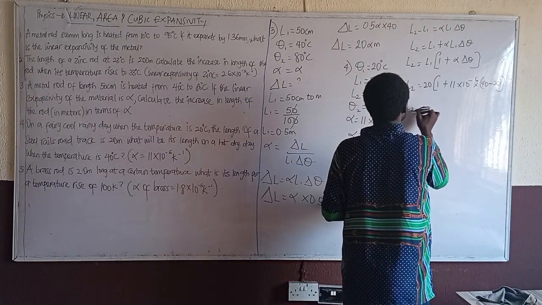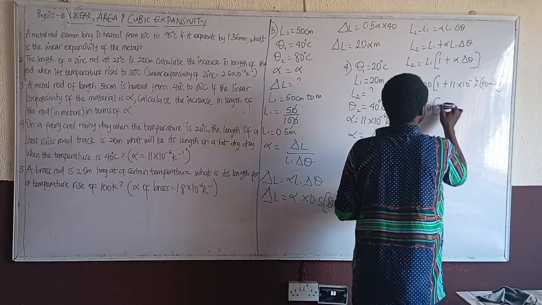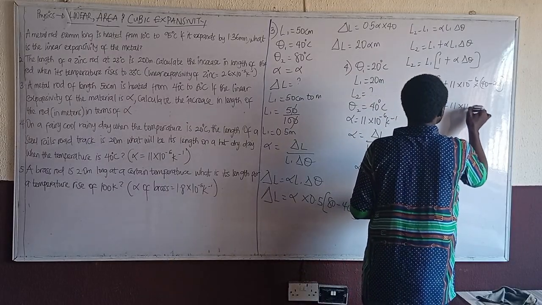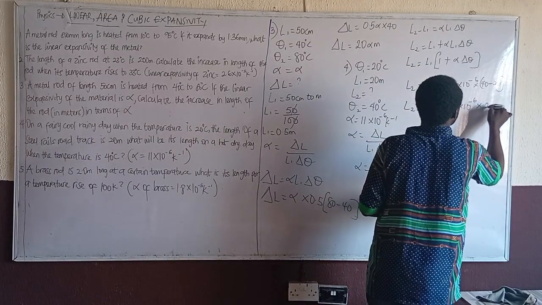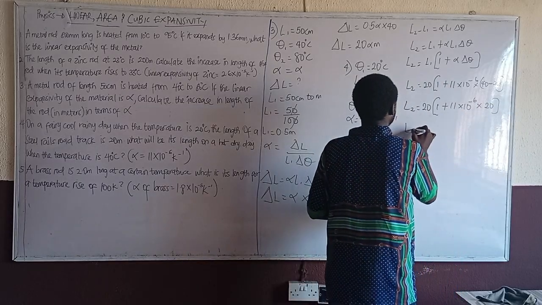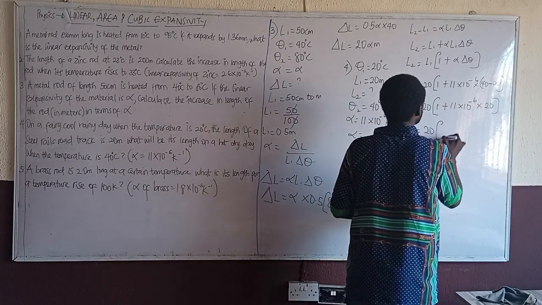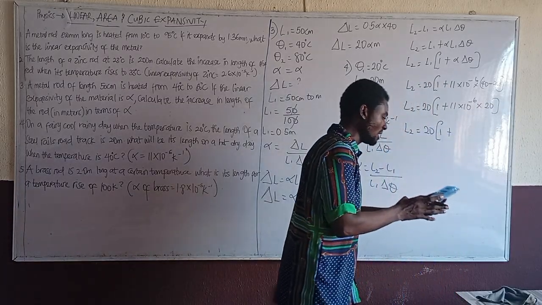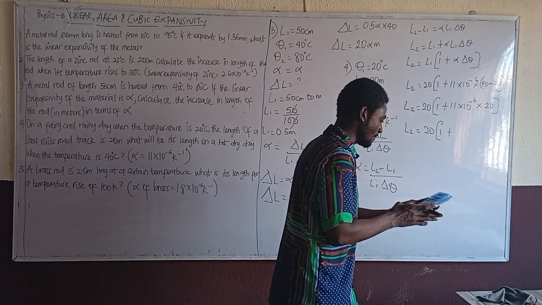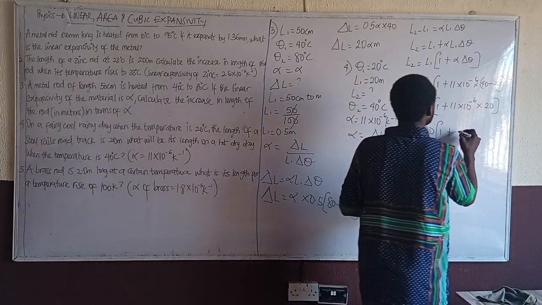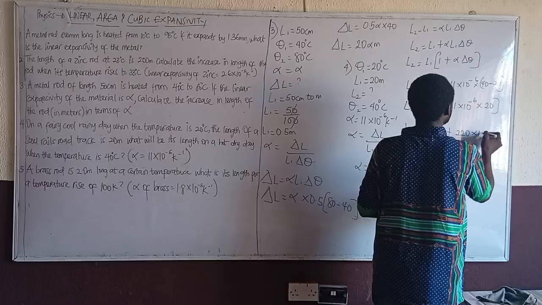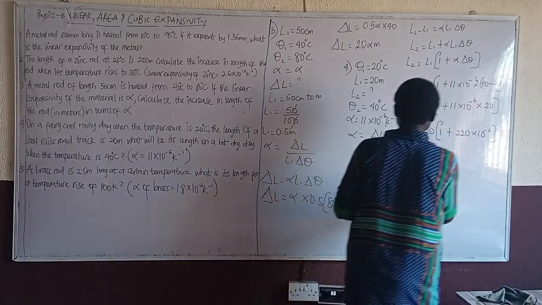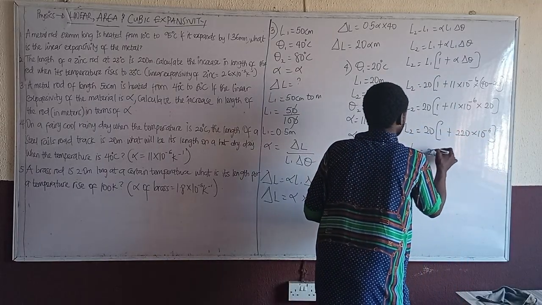So my L2 becomes 20 times 1 plus 11 times 10 raised to the power minus 6 multiplied by 20. So my L2 becomes 20 times 1 plus 11 times 20, that will give me 220 times 10 raised to the power minus 6. So my L2 becomes 20.